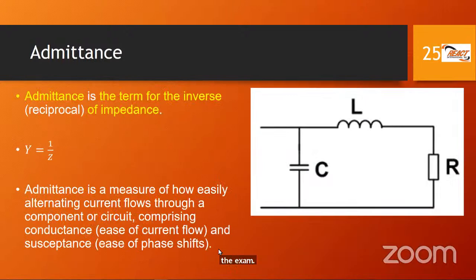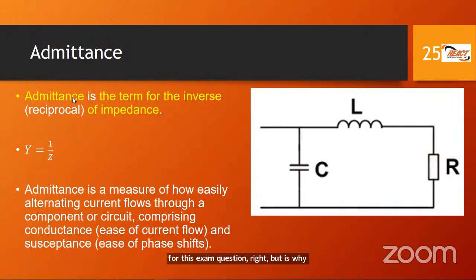Yet another term: admittance. What is that? You could say it's the opposite of impedance, or the inverse, or the reciprocal of impedance. You don't need to know the symbol for this exam question, but the letter Y is admittance.